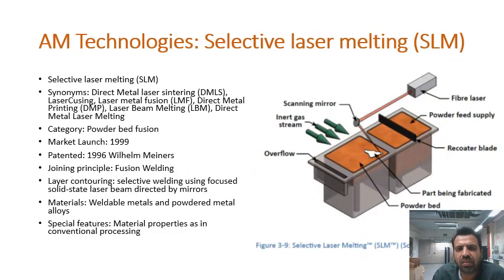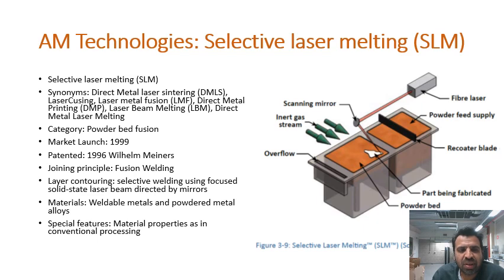Selective laser melting is a very exciting additive manufacturing technology as it allows printing high quality metallic components. Selective laser melting is also known as direct metal laser sintering, laser cusing, laser metal fusion, direct metal printing, laser beam melting, and direct laser melting.